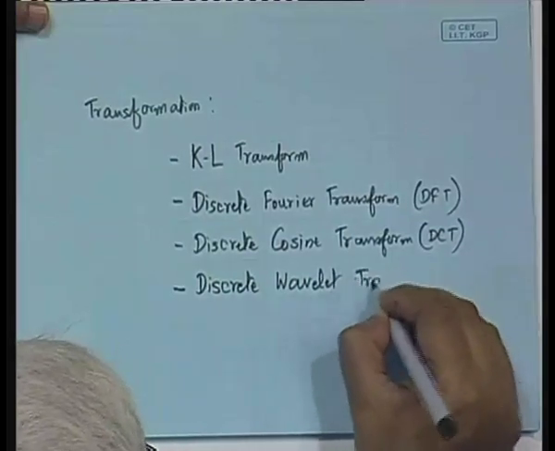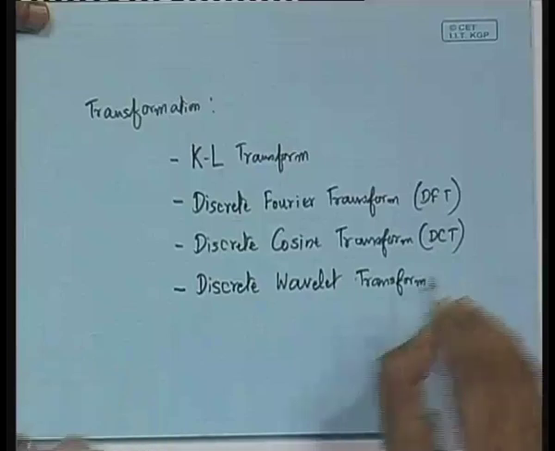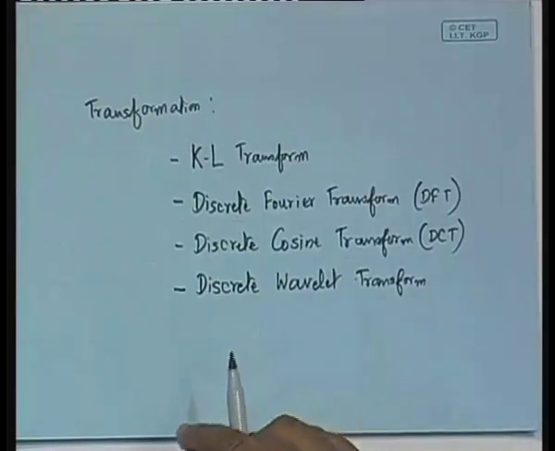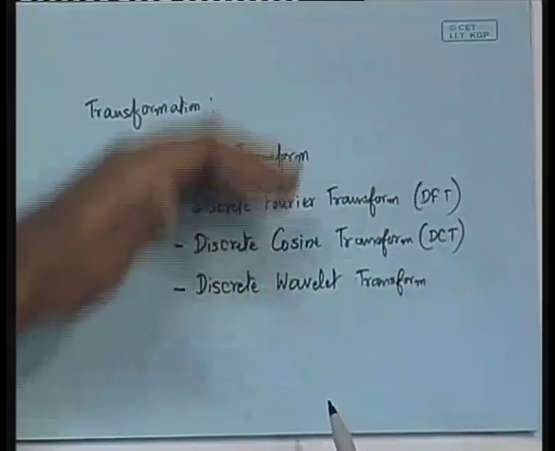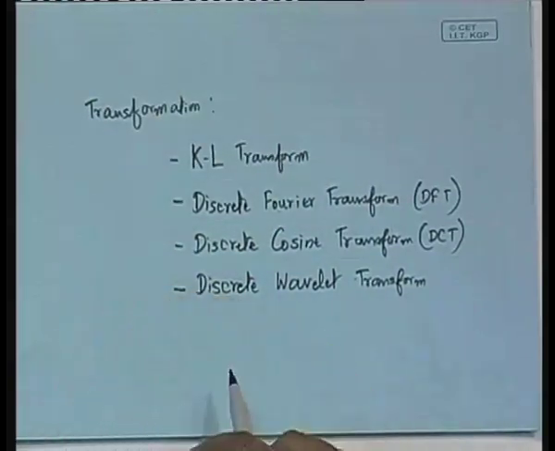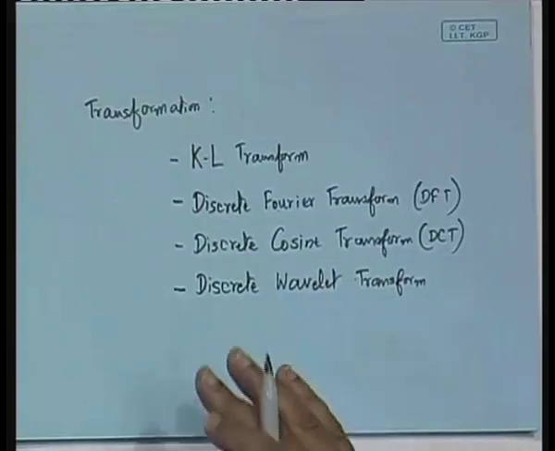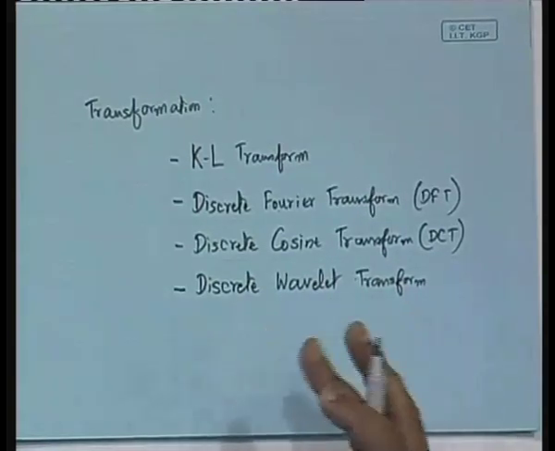Unlike the trigonometric transformations, which use a waveform as the basis, like the cosine, or the complex exponential used in the Fourier transform, which is based on waves that begin at minus infinity and end at plus infinity, wavelets are time limited signals which are used as basis.